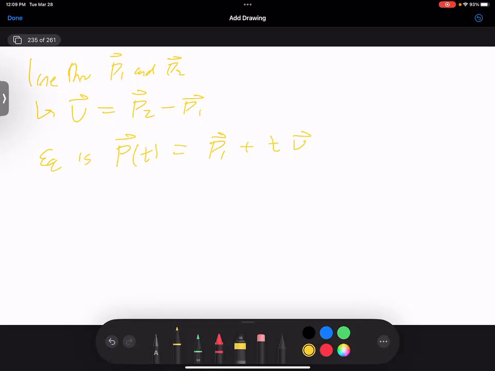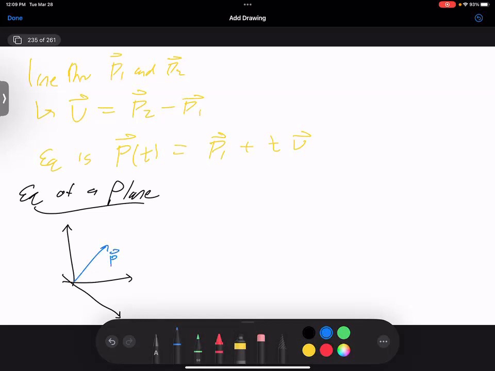After the equation of a line, the next is the equation of a plane. Again, let's say I have some point, P, and now how many directions do I have to give you for a plane? A line was a one-dimensional object.